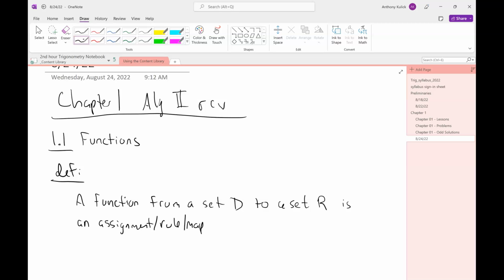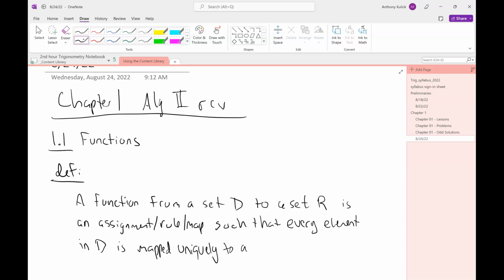These are all things you could use interchangeably, such that every element in D is mapped uniquely to an element in R.